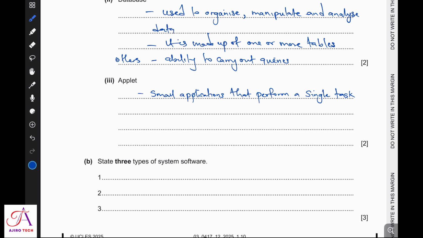We can also look at it here that applets are embedded in an HTML page on a website.